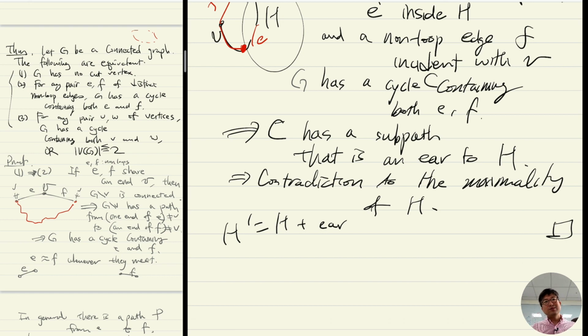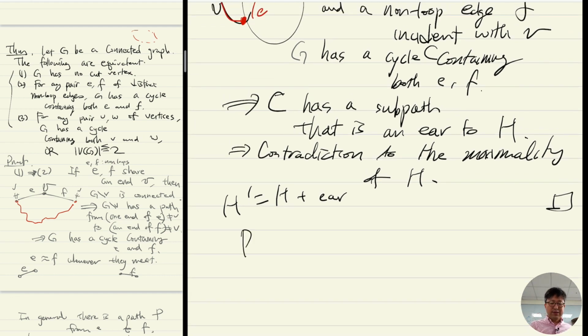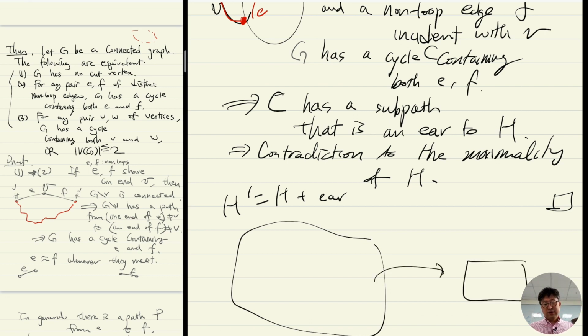And this will be useful when we try to prove something on two connected graphs by induction, because when you have some property I want to prove for two connected graphs, you claim by induction that this is true for all graphs with a smaller number of edges. Now, by ear decompositions, you can build your graph by adding ears repeatedly. So there will be a last ear.